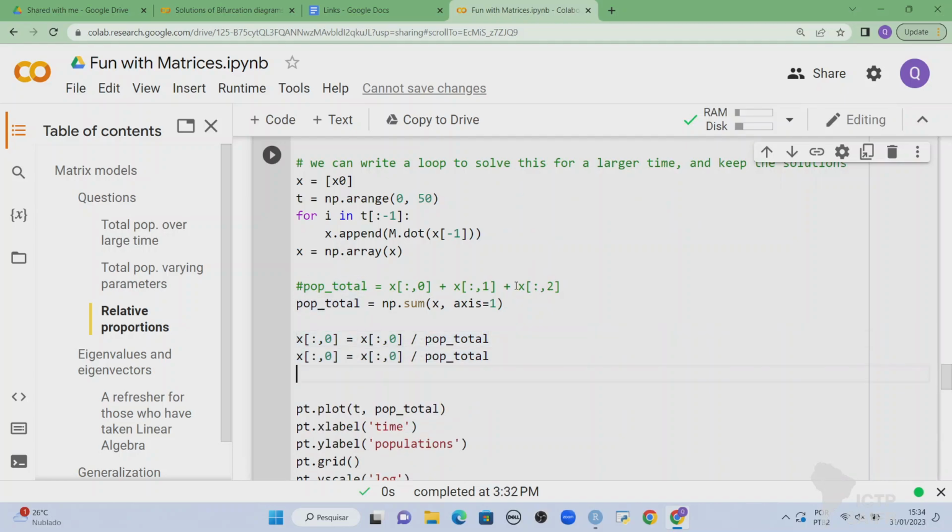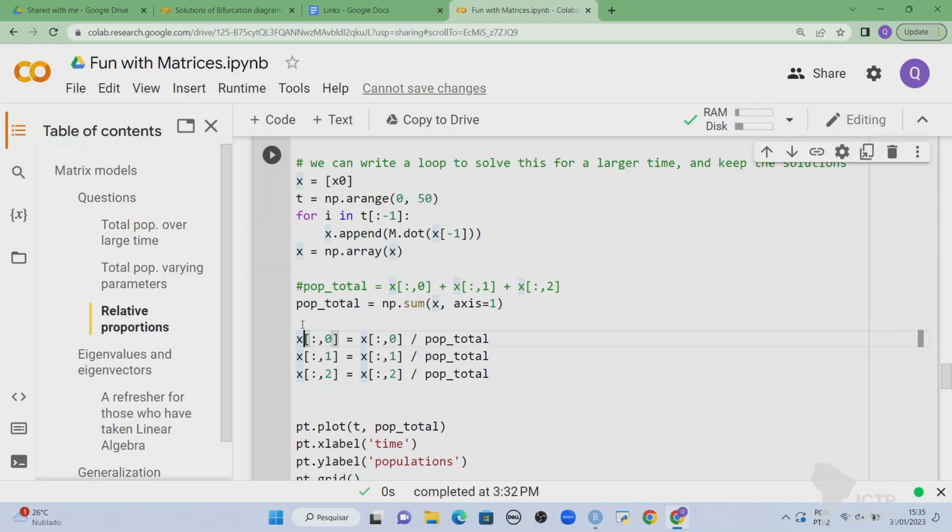Okay, so I want this to be the proportions. I want x0 now to be the newborns divided by the total population. The juveniles will be the juveniles divided by the total population, and the same for the adults. So now x no longer represents the total population, but the proportion of each class inside the population.